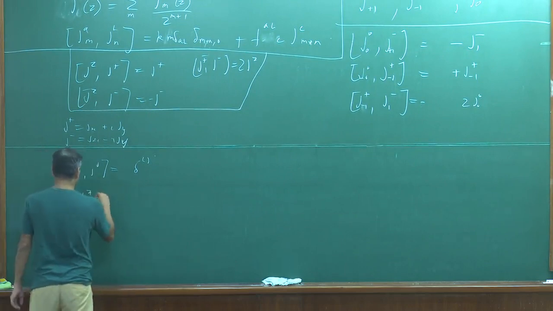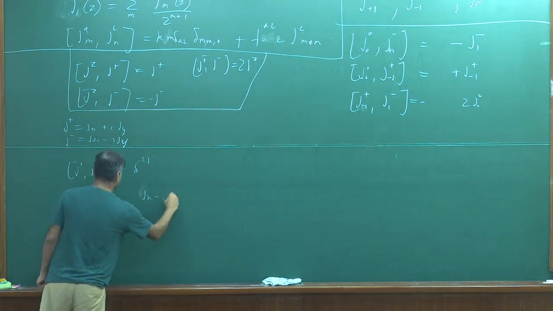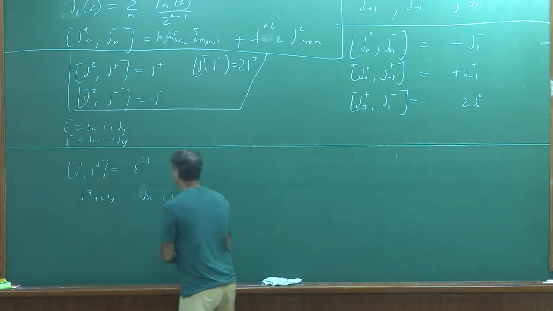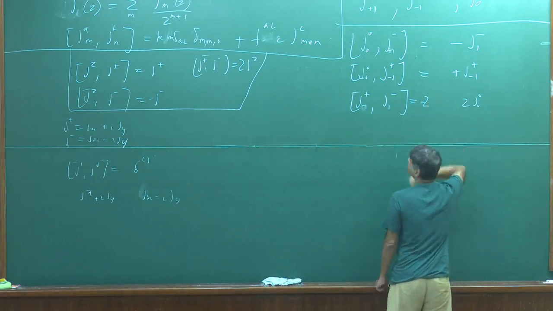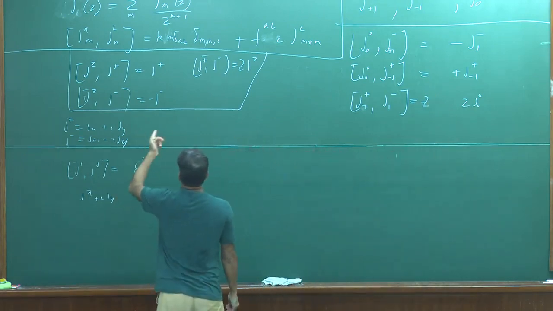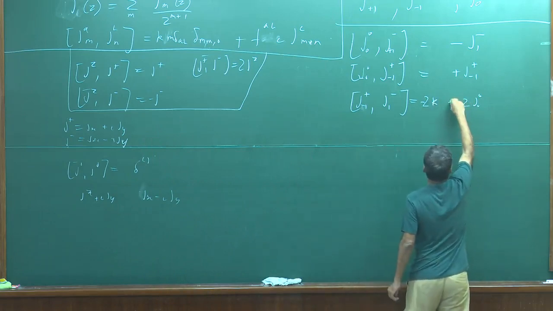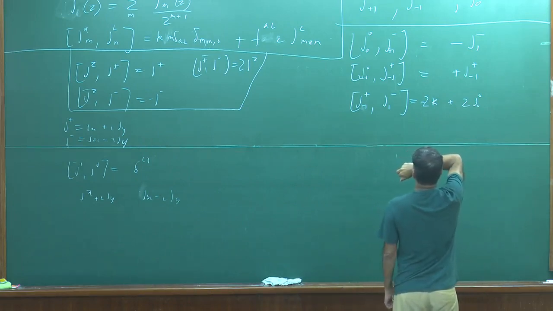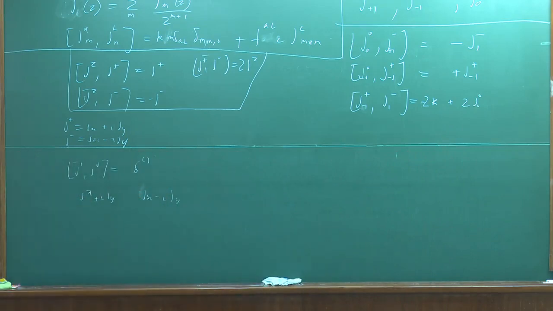So Jx plus i Jy, clicking with Jx minus i Jy, so we get a 2. So we get minus 2. That m was 1 and then k: minus 2k. And this was plus or minus? This was plus, right? Let's do just.